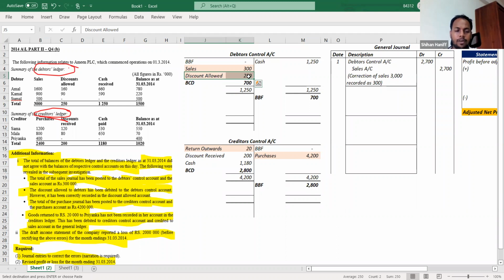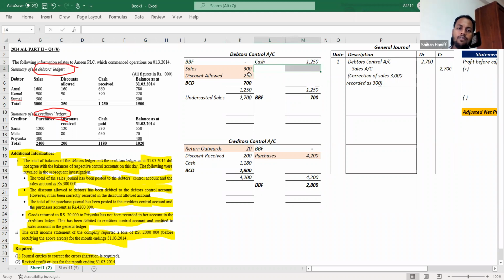How much you have to credit? We have to credit 500, because if you credit only 250, that will set off this debit 250.